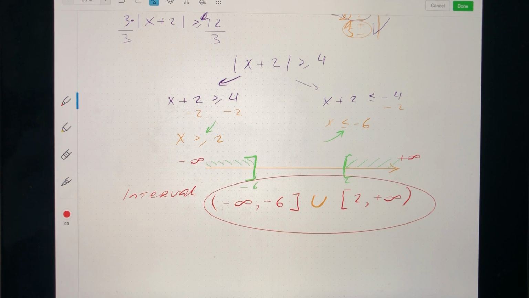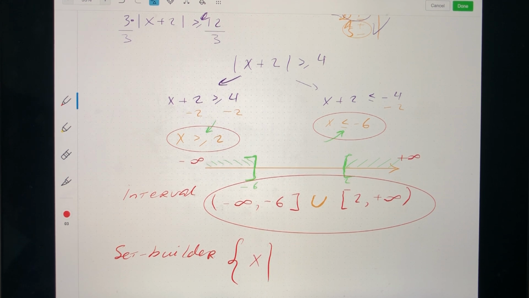For the set builder notation, all we need to do is write the set with these two conditions in it. Set builder looks like this: the set is in curly brackets. We have x for the variable, and the two things that have to happen are x has to be less than or equal to negative 6, or x has to be greater or equal to 2.